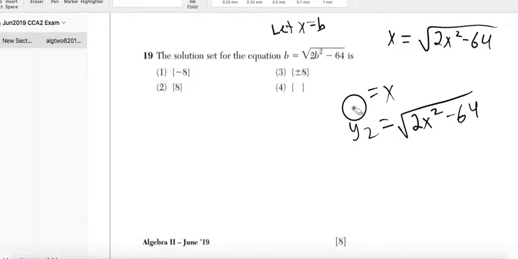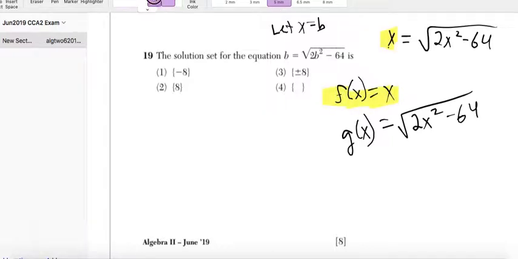Actually, better yet, I'll call this one f of x, right? Let f of x just equal x, and g of x equal the square root expression. So f of x is your x right here, and g of x is this one right here, all right?